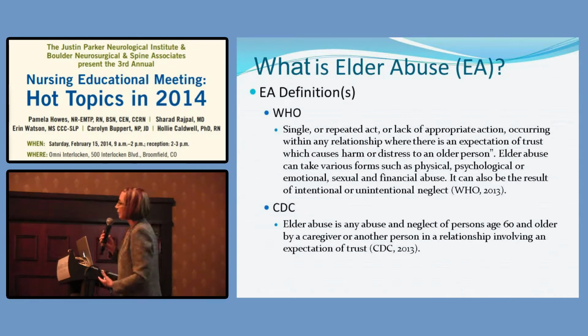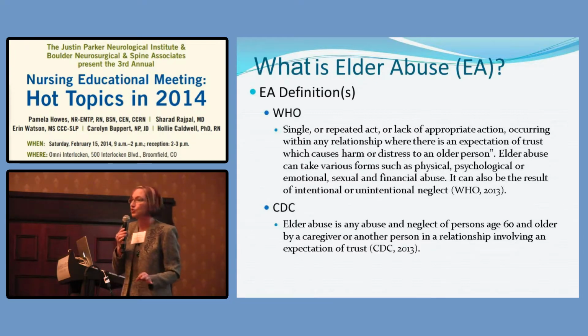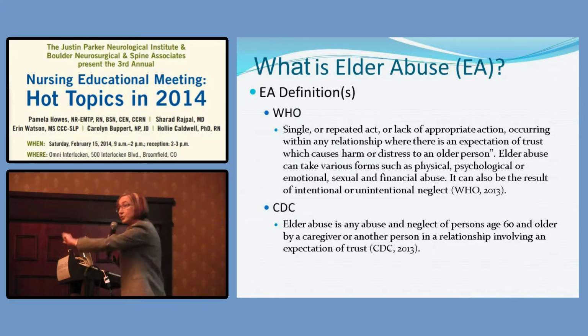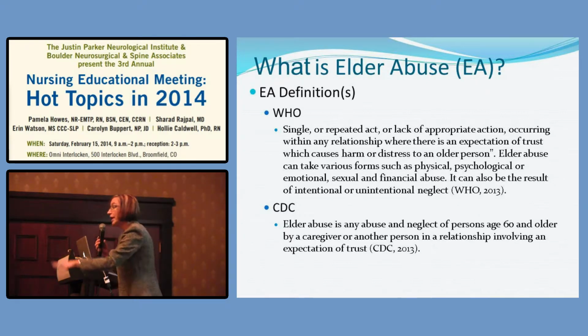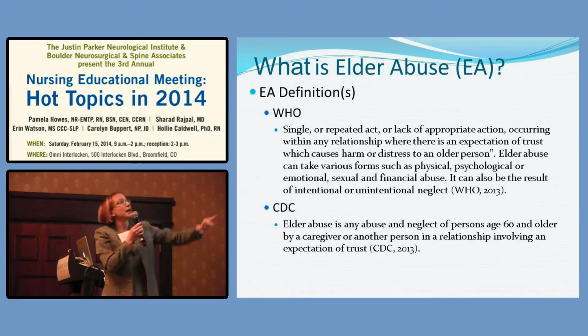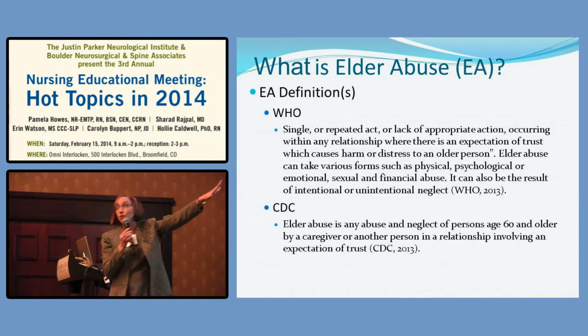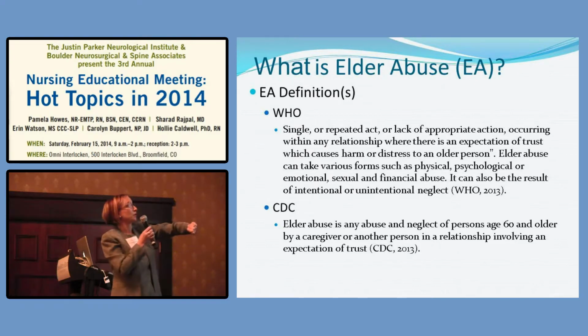So when we're talking about elder abuse, the important thing for you to keep in mind here is this does not include stranger crime. Okay, when we talk about elder abuse occurring in a domestic setting or an institutional setting, we're talking about where there is an expectation of trust between the elder and whoever that other adult person is. Okay? It can include various forms, and we're going to talk about each one of those forms.